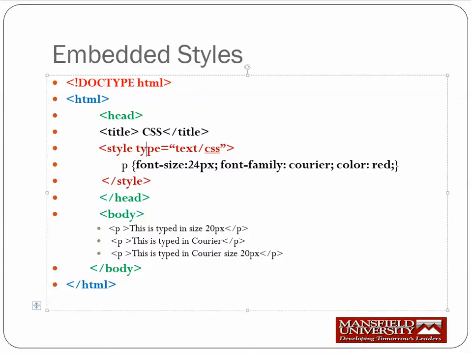We need to use the slash to close it. Then here we put the tag, and here those are attributes. The benefit of using CSS is that for paragraphs, we just put it once, then all the paragraphs will follow this coding.